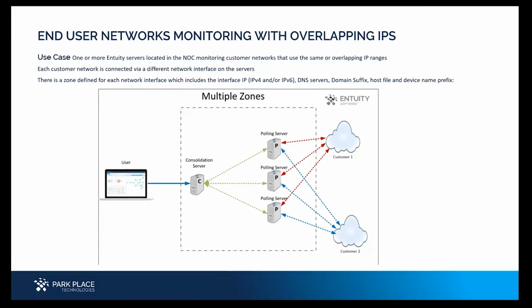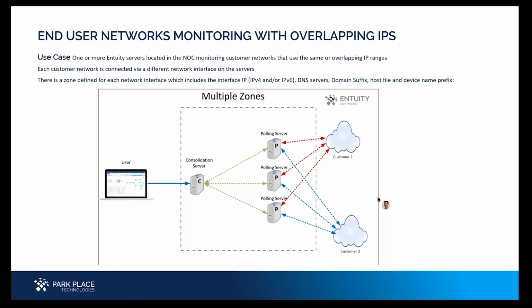At this point, I'm going to move on to a subtly more complex environment, and that's got overlapping IP addresses. This is a case where we are monitoring 2 or more customer networks, and they are using IP address ranges that overlap with each other.